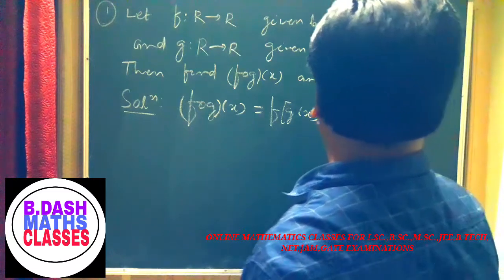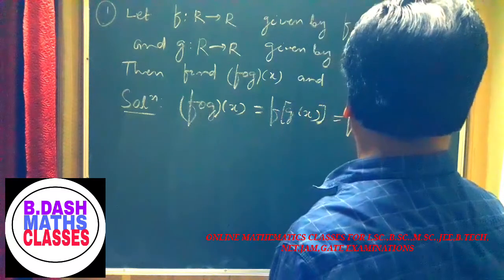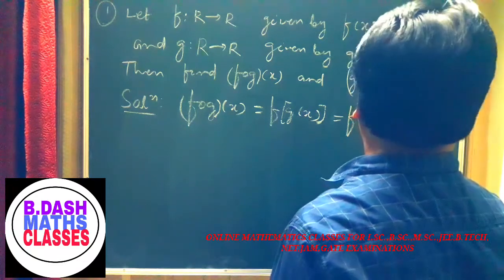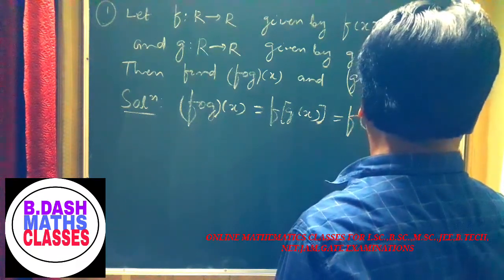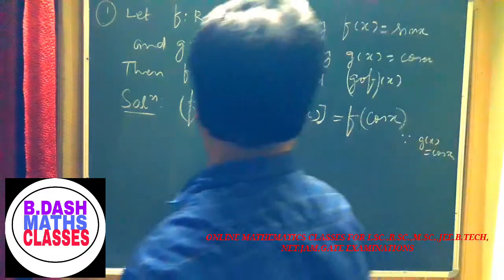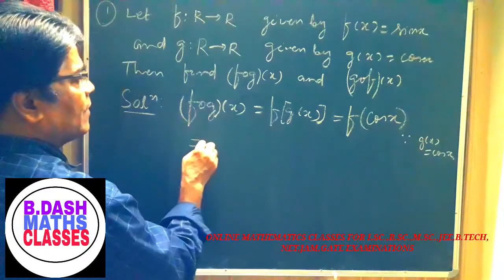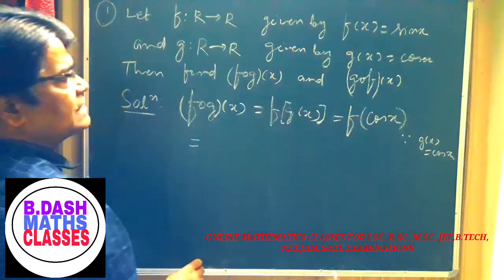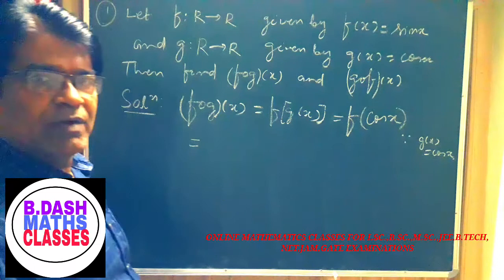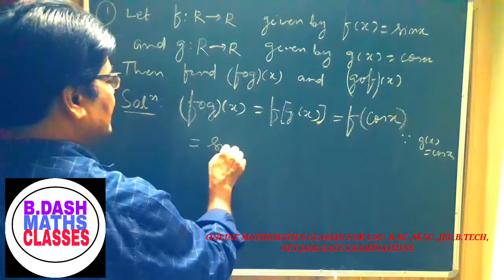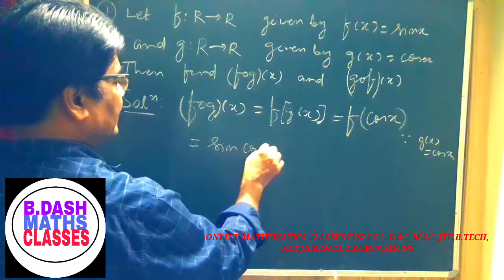So you can write here cos x, since g(x) is equal to cos x. It is given. So now f of cos x. Here f(x) is equal to sin x. f(y) will be sin y. f(t) will be sin t. So f of cos x will be sin of cos x.